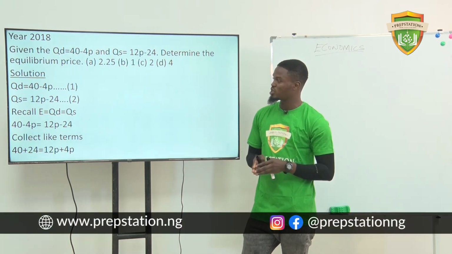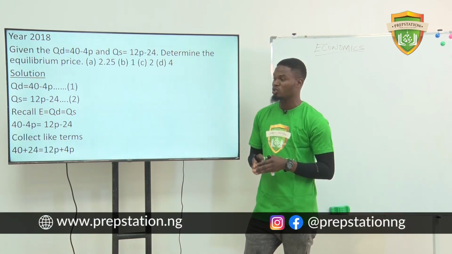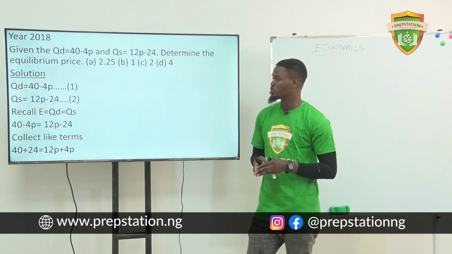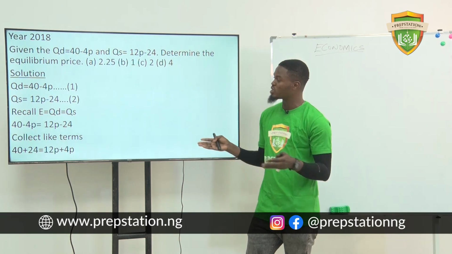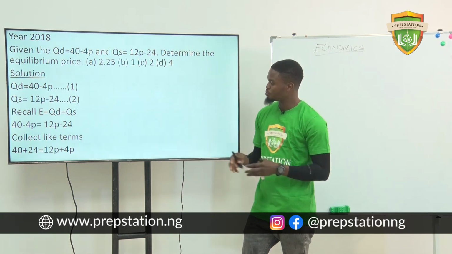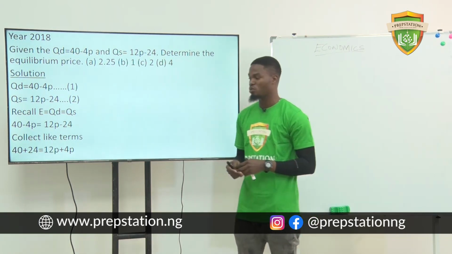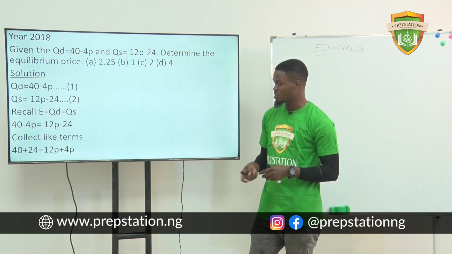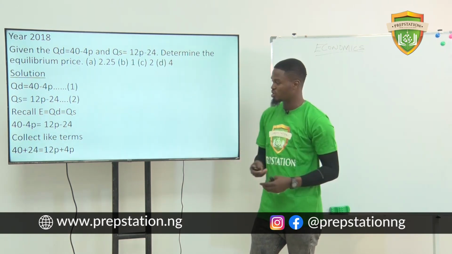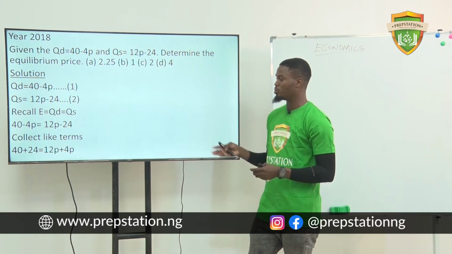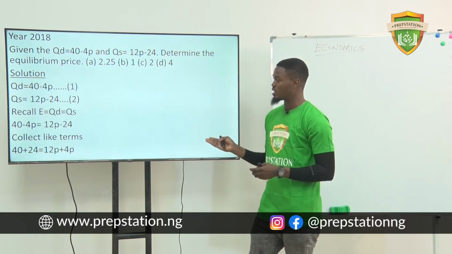So you have 40 minus 4p as equation 1, and 12p minus 24 as equation 2. So equating the both, you have 40 minus 4p equals 12p minus 24. The next thing we do is, of course, collect like terms, with your whole numbers to the left side of the equation and your variables to the right side of the equation.